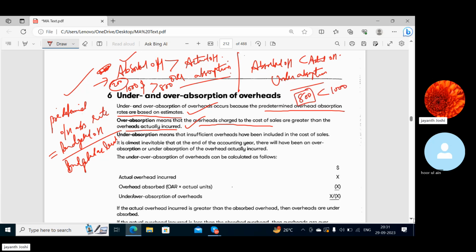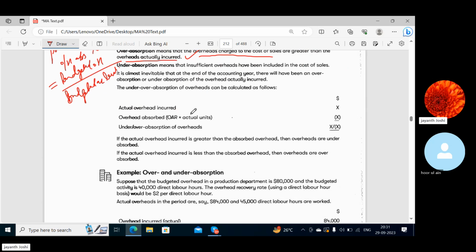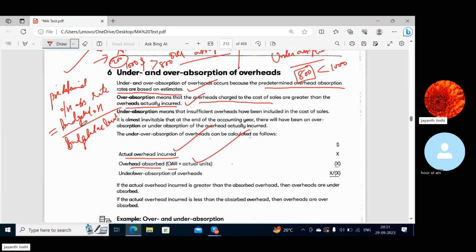So if you have made a note of this, this is the thing you can see. And actual overhead incurred is always given in the question, and overhead absorbed you can find out with the formula overhead absorption rate. You can find out the overhead absorption rate with the help of budgeted overheads by budgeted activity level. Activity level can be machine hours or labor hours. Then you can multiply with the number of units, you can get the overhead absorbed.